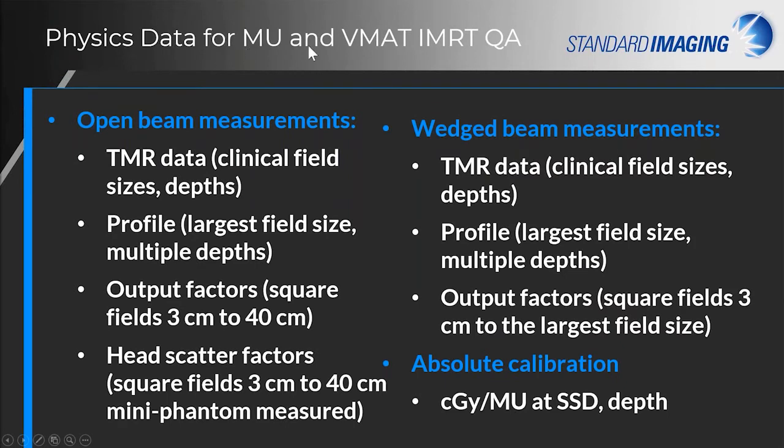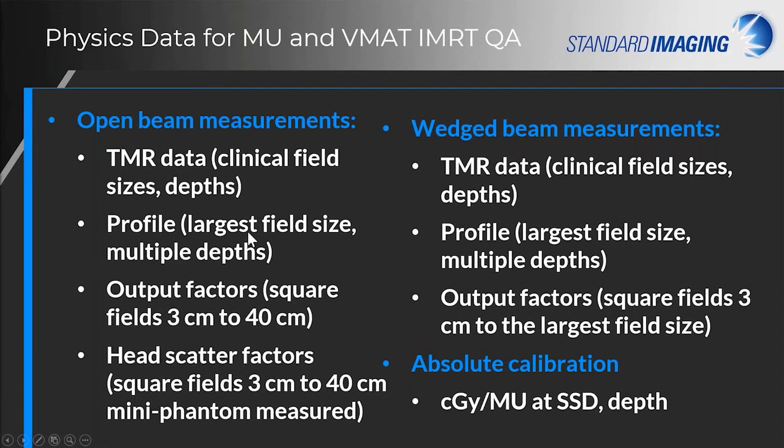The physics data for the MU and QA modules required is shown here. It's standard commissioning data that one would collect. For example, for the open beam measurements, one would require the TMR data for the clinical field sizes that you would like to model. We can convert PDDs into TMR data if required.